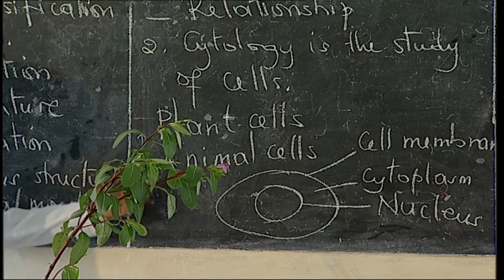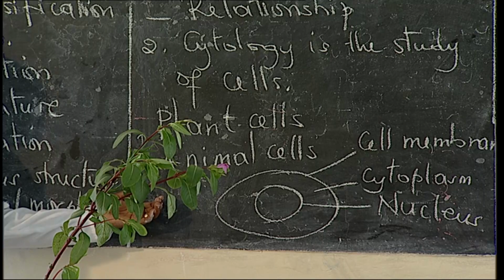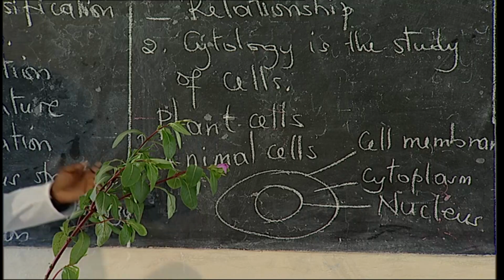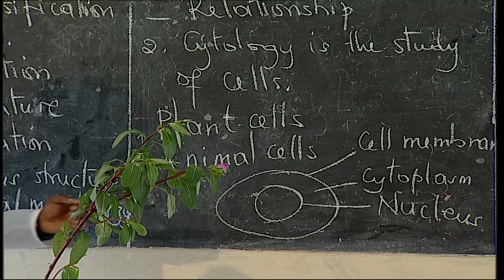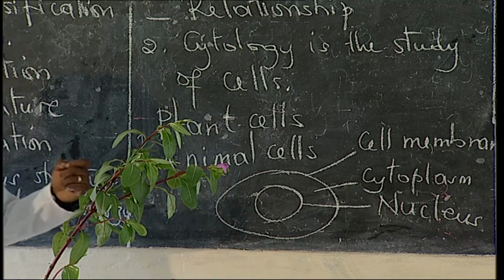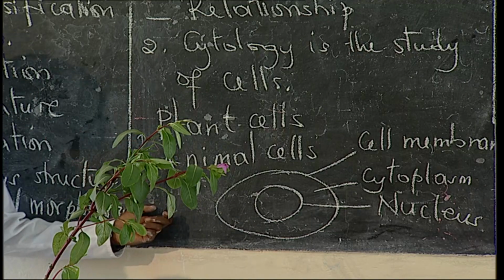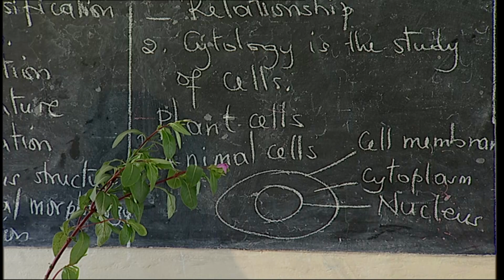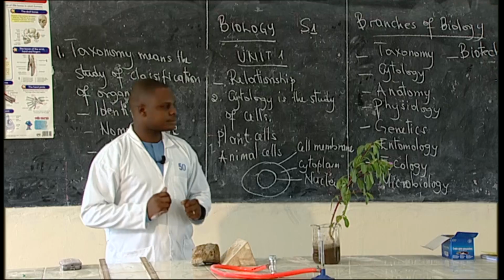So here we check about the structure of the animal cell. So cytologists are people who study cells, who can see the structure of the cell and functions of those structures.